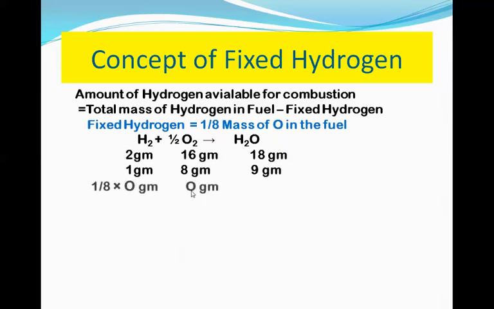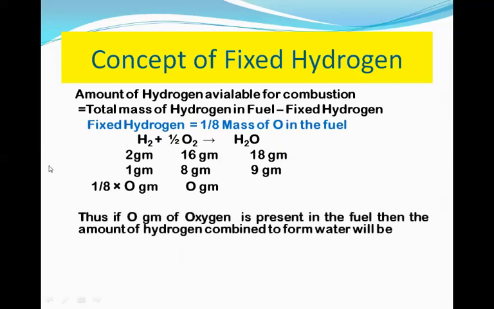So if O percent of oxygen is present, then it will combine with 1 by 8 into O grams of hydrogen. So if O grams of oxygen is present in the fuel, then the amount of hydrogen combined to form water is given by 1 by 8 into O. Therefore, this is the fixed hydrogen, and with its help we can calculate the amount of hydrogen available for combustion.